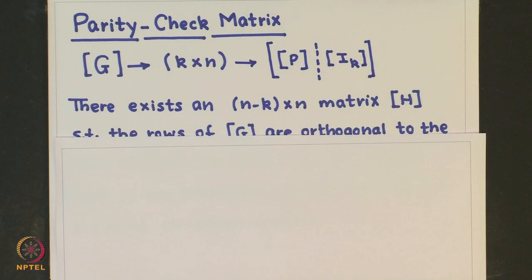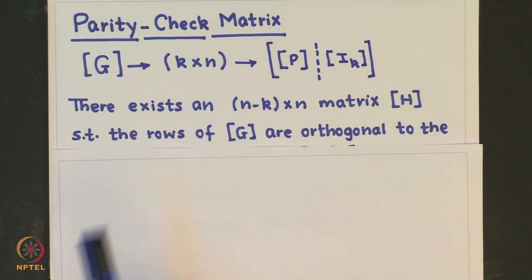Now, for any generator matrix, there exists what is known as Parity-Check Matrix H, and the property of that matrix H follows.